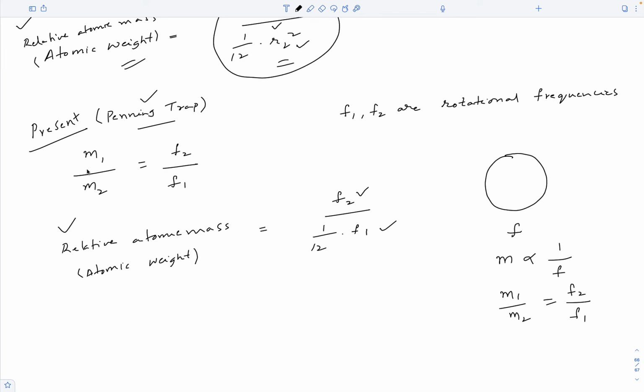Even here, we determine atomic weights by measuring the rotational frequencies of the ions, not their masses in kilograms separately and dividing one by the other.